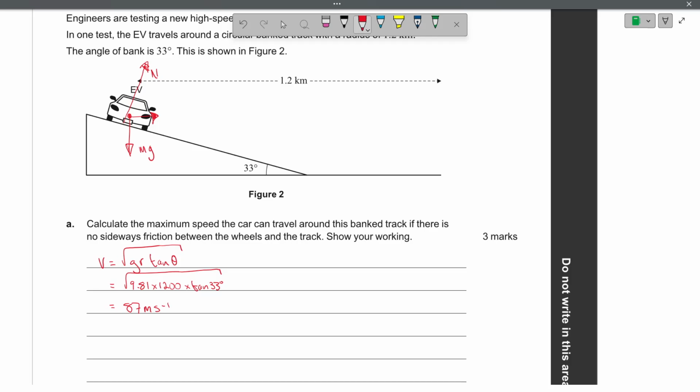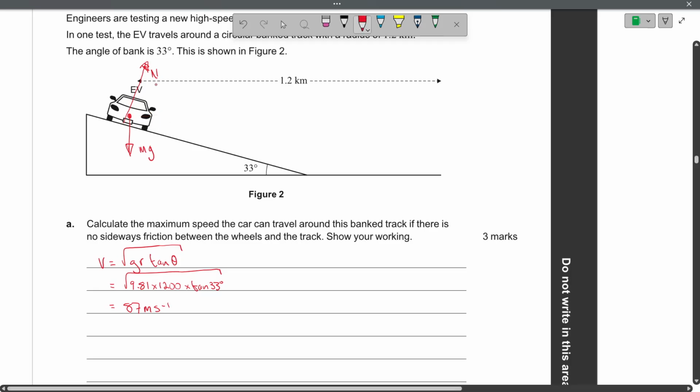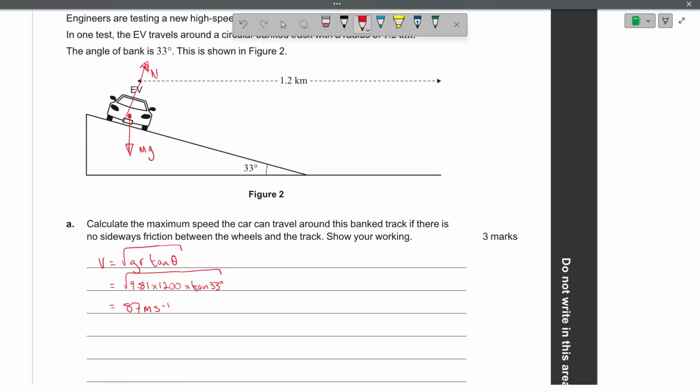That force comes from the unbalanced normal force. Now the car isn't moving up or down, it's maintaining the same height, which means the vertical forces must cancel out, which means that this vertical component of the normal force must be equal to mg. Now this little angle in here, that is my banked track angle.